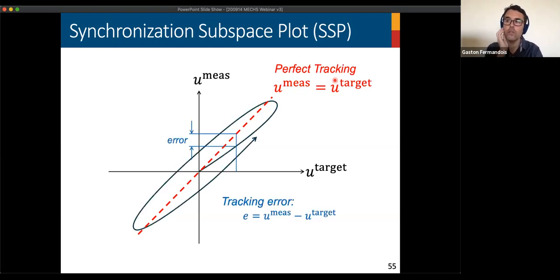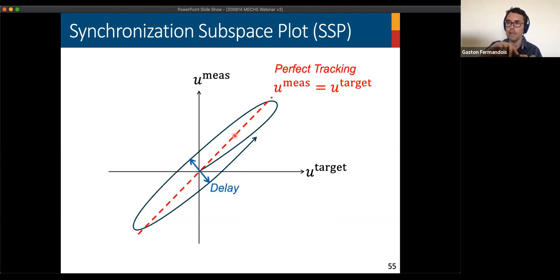But in the case of error in our setup, we will have a synchronization error that is given by these ellipses. And the difference between the blue and the red curve is a measure of the error. But more importantly, the width of the ellipse will give us a quantity of the delay.